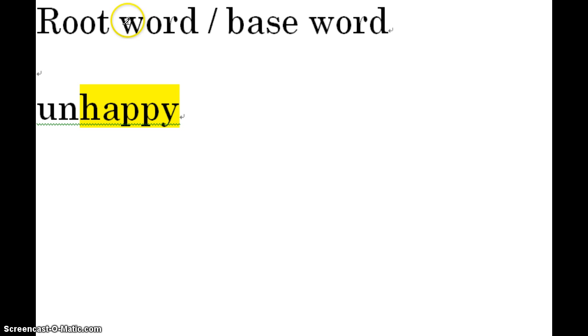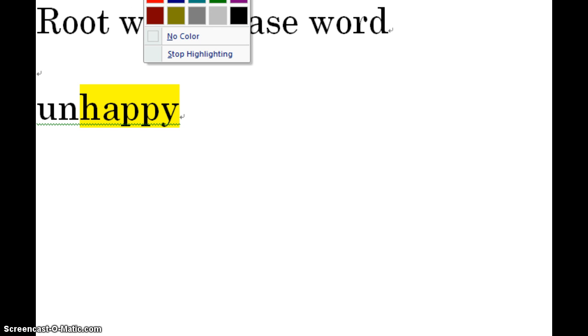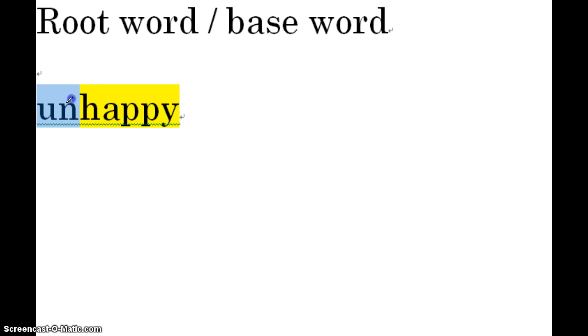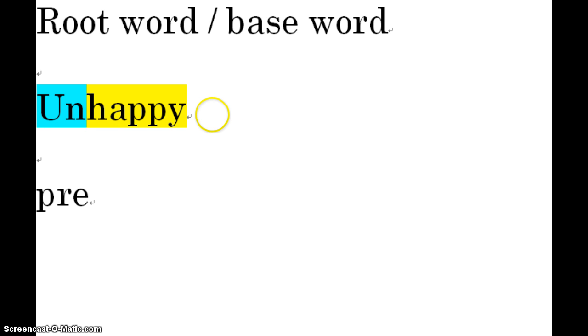And for your information, I'm going to use a different highlighter here. Let's use blue. This part here, the un, is called the prefix. How do we spell prefix? Like that. So the blue part, the un, is called a prefix because it comes at the front of root or base words. Pre is a prefix within the word prefix.